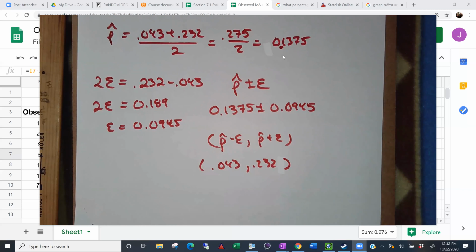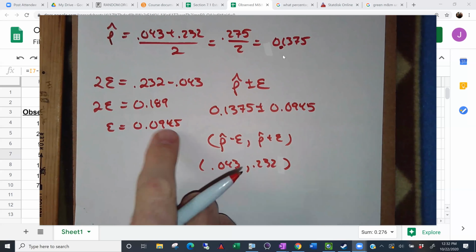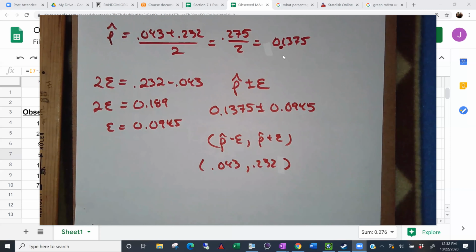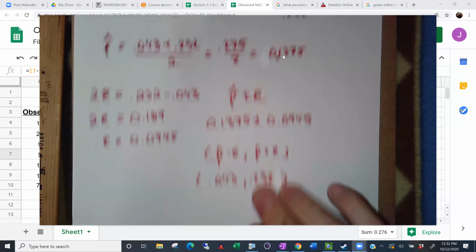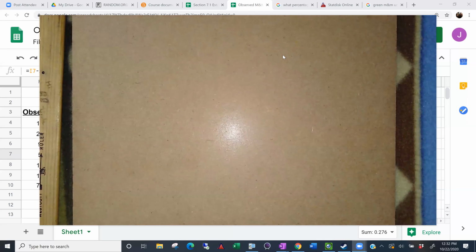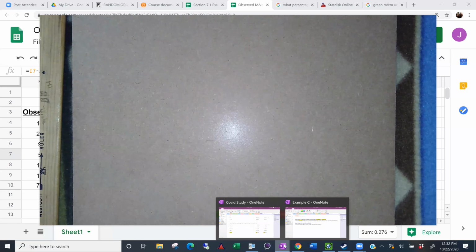So that's what we're going to do next: we're going to calculate the sample size necessary so that I can make this error term as small as I want. So let me do that. For that, you're going to need a couple formulas on your sheet. There are 2 formulas, and I'll do an example of each.